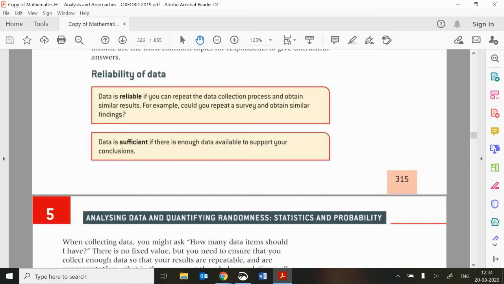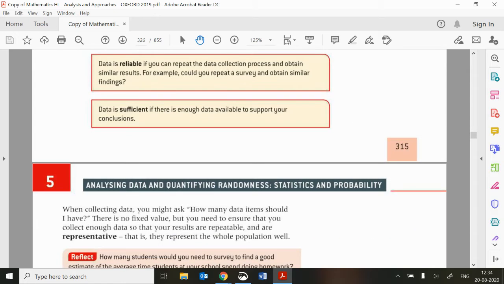Reliable data is not necessarily the same every time, but if we repeat this process, we're likely to get reliable data if the process gives us similar conclusions each time.